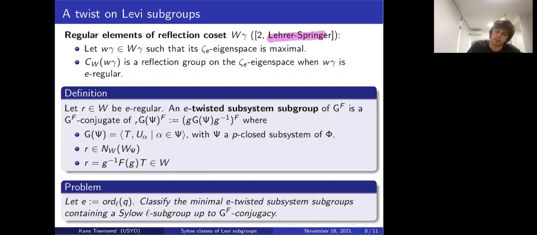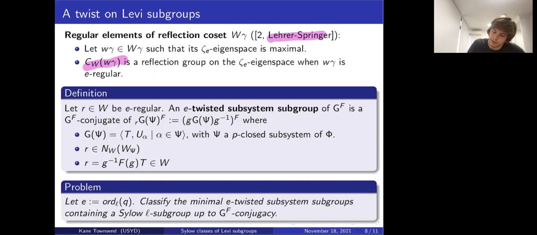And there's a nice property that the centralizer of this element is a reflection group on this eigenspace when we have a regular element. And so what I'm going to do is use this regular element to twist a reductive subgroup of G, and then take the fixed points subgroup after.